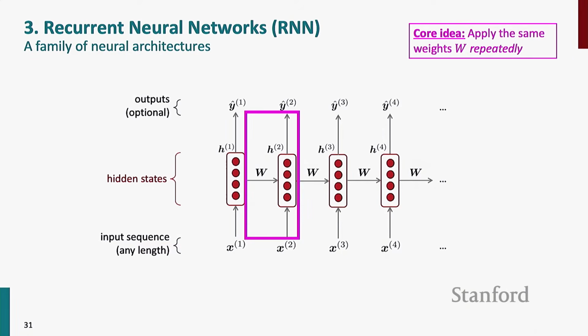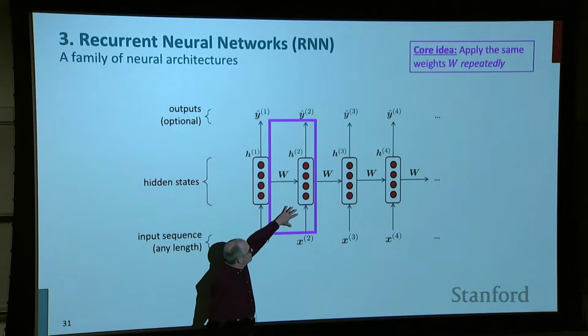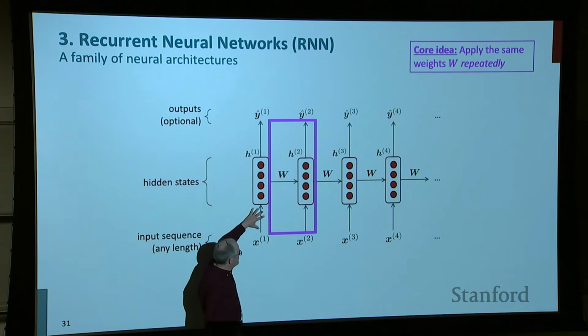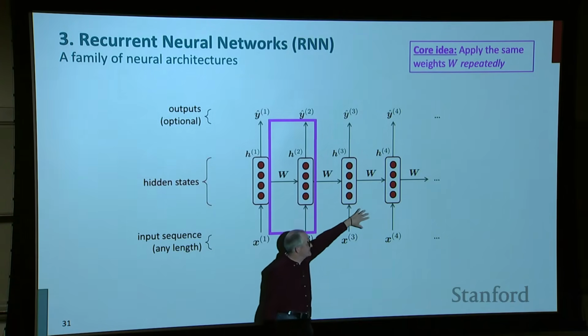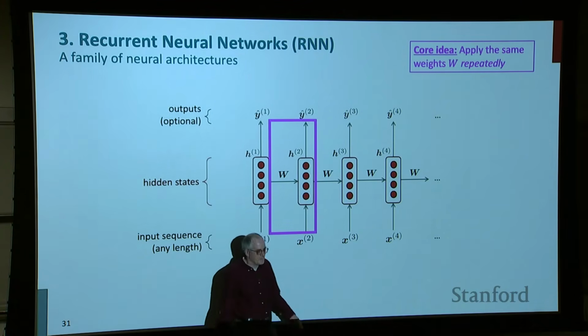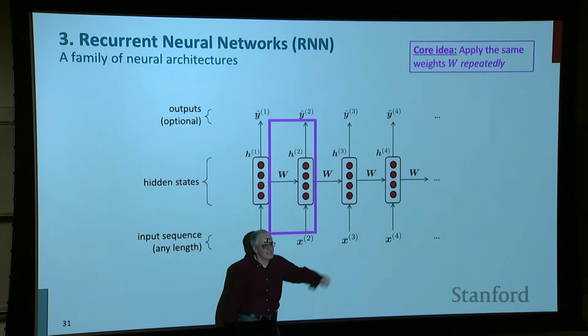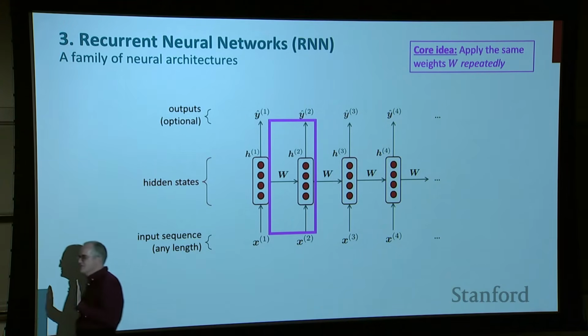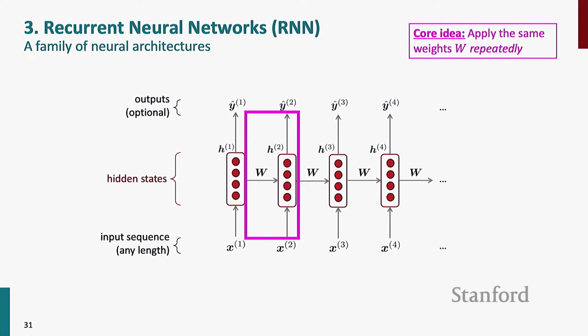Okay, so the idea of a recurrent neural network is that you've got one set of weights that are going to be applied through successive moments in time, i.e. successive positions in the text. And as you do that, you're going to update the parameters as you go.